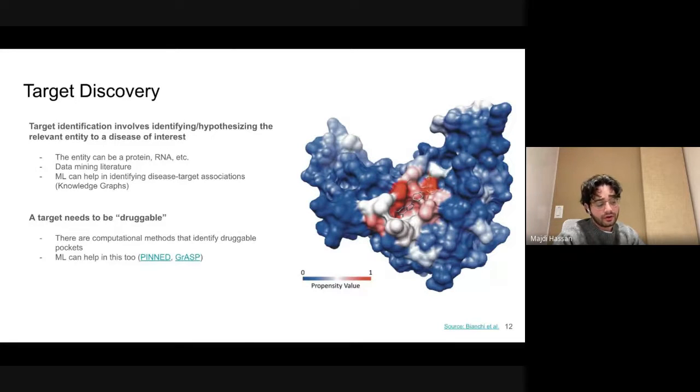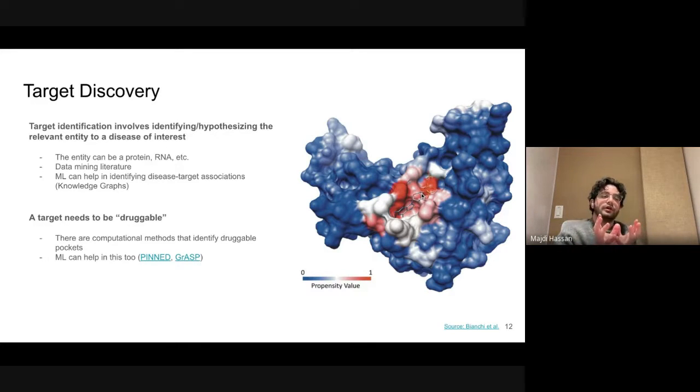But the other criterion for the target is that it needs to be druggable. And what do I mean by druggable? This is a somewhat inaccurate analogy, but I think it gets the point across. Think of a lock and key mechanism. If you think of the lock, what's important for a protein, for example, is that it has these binding pockets, as you see here on the screen, where this compound is resting.